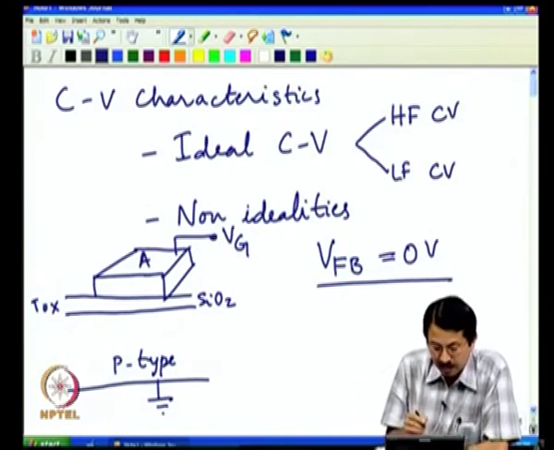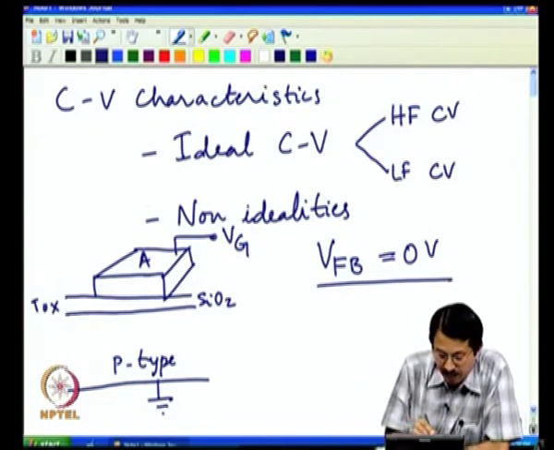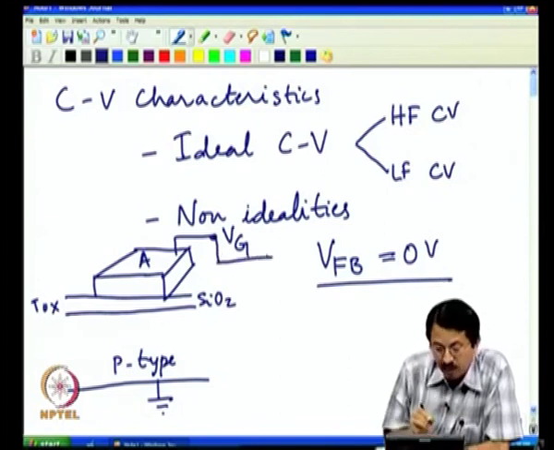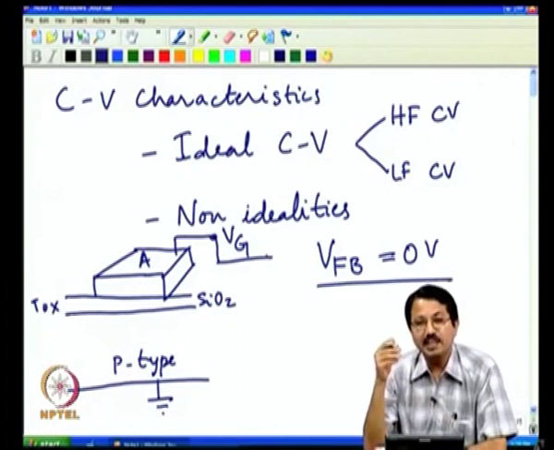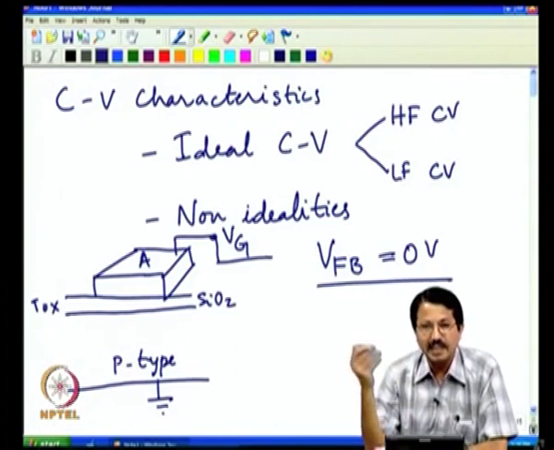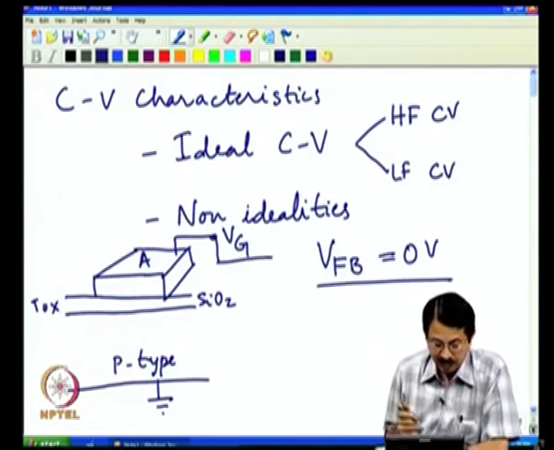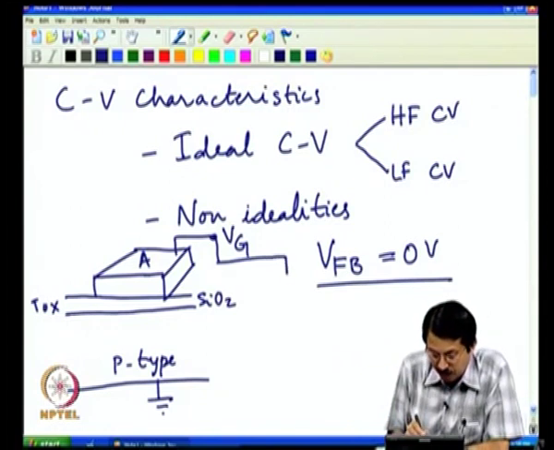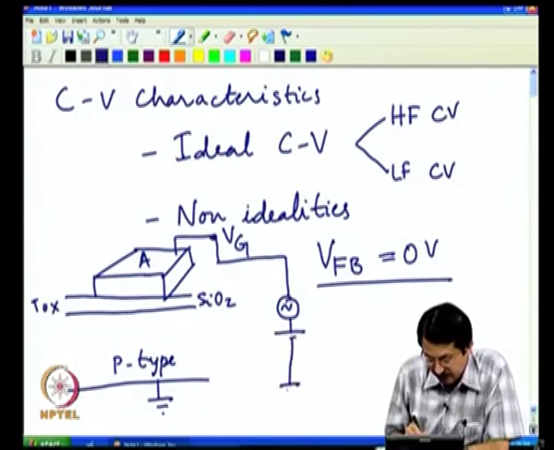So, when I am measuring this CV characteristic, essentially what I am really interested in is the variation of the capacitance with applied gate voltage. In other words, if you are to think of a measurement setup, what you really have is something like this.